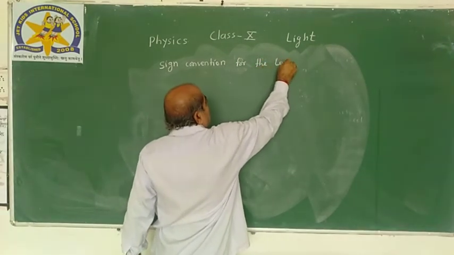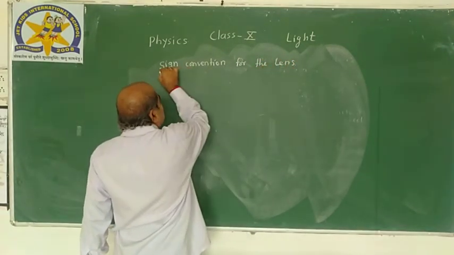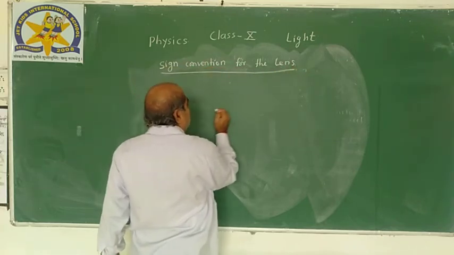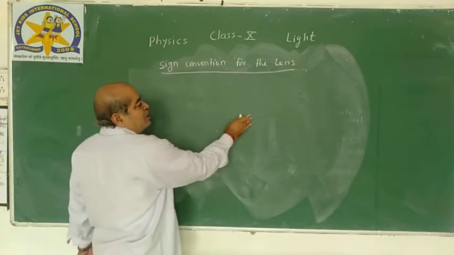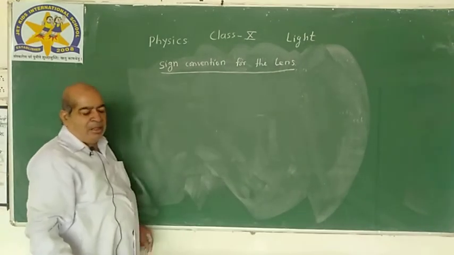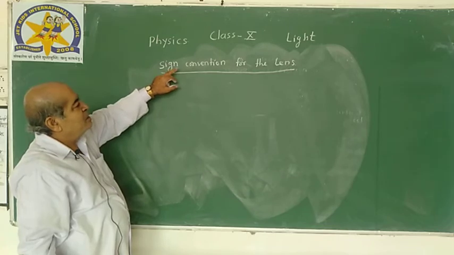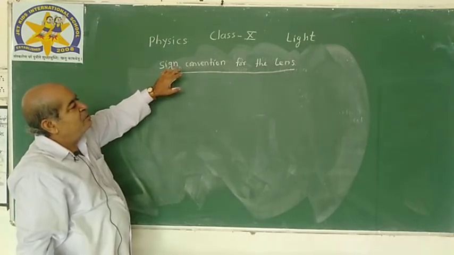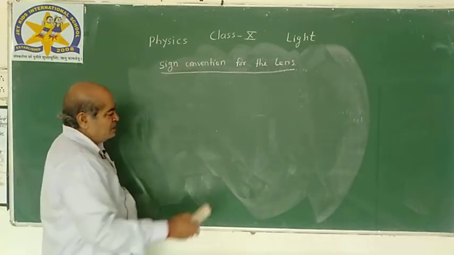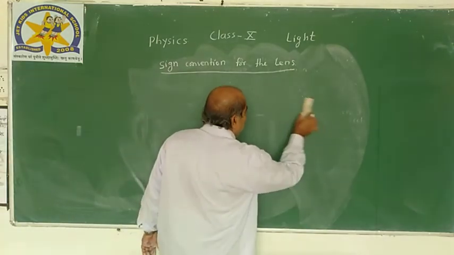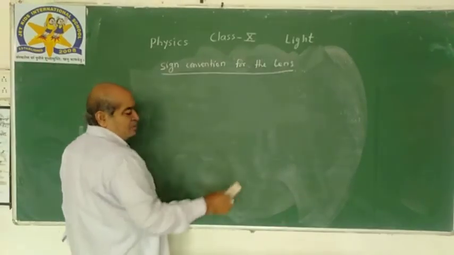The Cartesian sign convention for the lens is similar to that of the mirror.